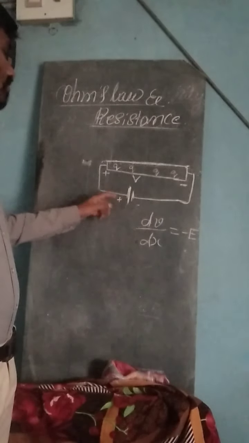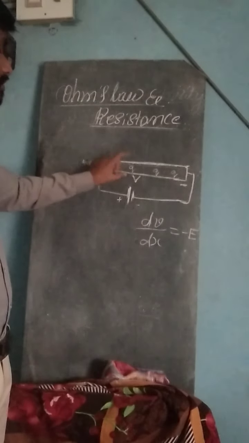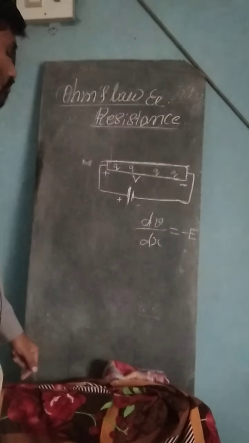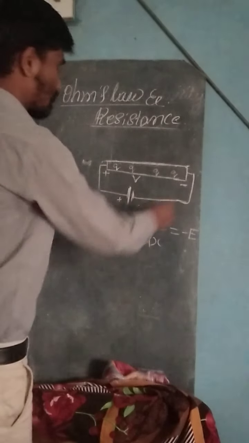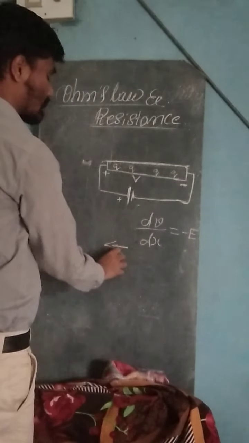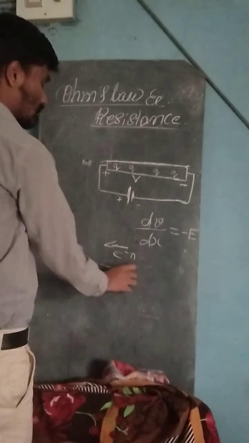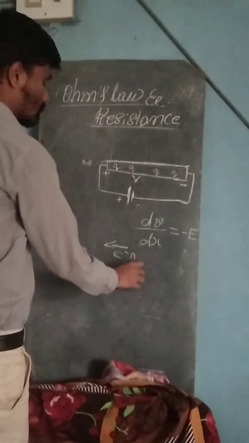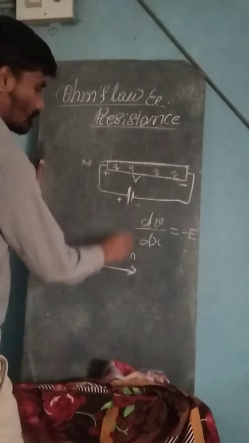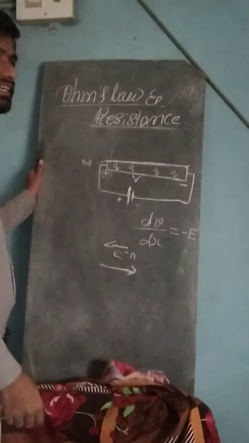If I apply a potential difference to this conductor, positive here and negative here, the electrons will move towards the positive side, and the positive charges will move towards the negative terminal. So the positive charges carry the electric current.